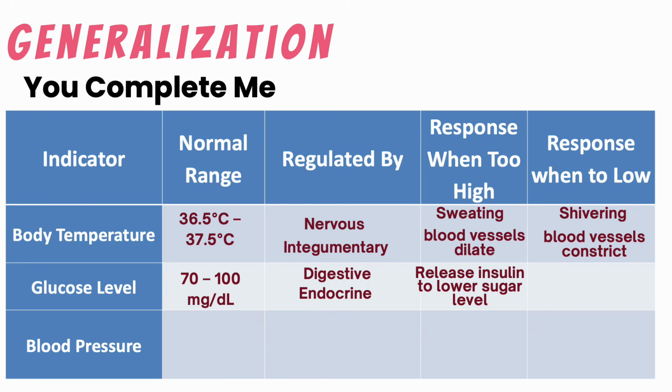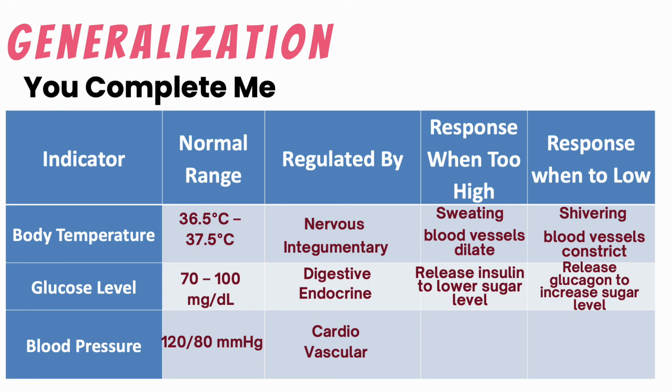The response when it's too high: our body releases insulin to lower sugar level. If it's too low, our body will release glucagon to increase sugar level. Blood pressure is linked with changes in the heart activity and blood vessel diameter.